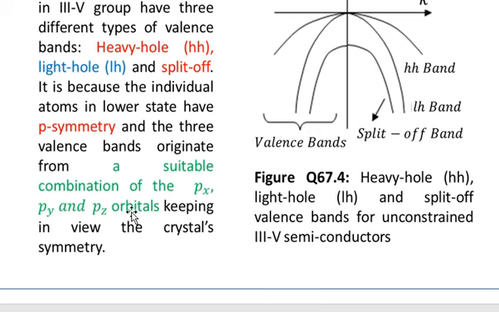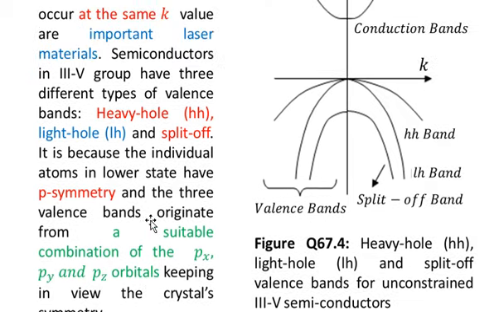So you see that 3 possible orbitals are possible for these electrons. Electrons could be in px, py and pz orbitals, and due to the combination of these orbitals we can have these 3 bands, HH band, LH band and split off band.